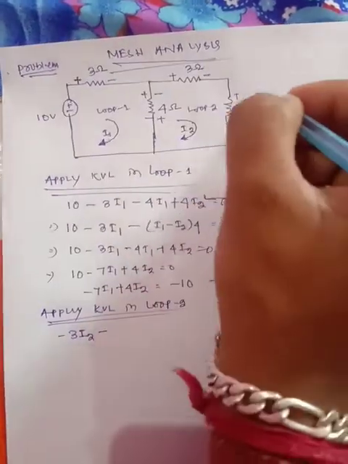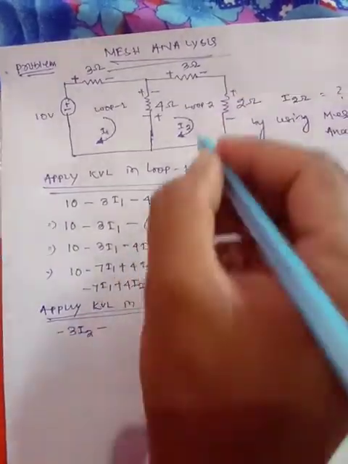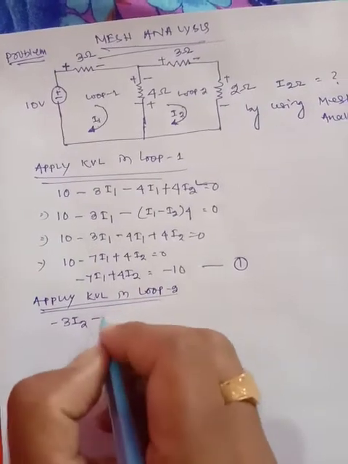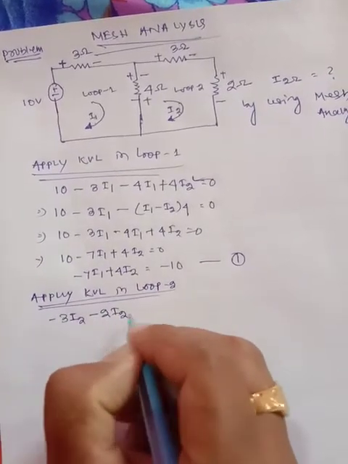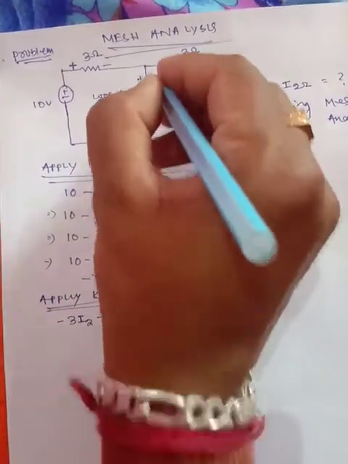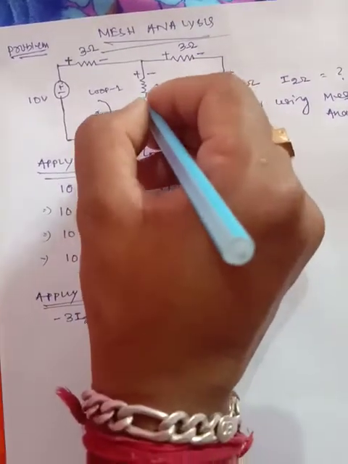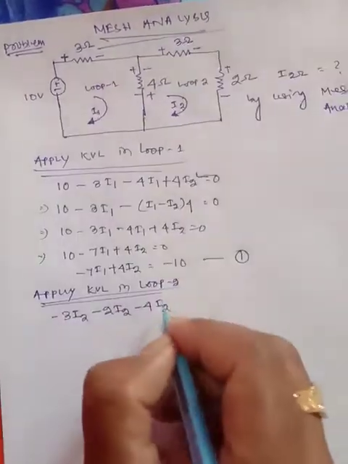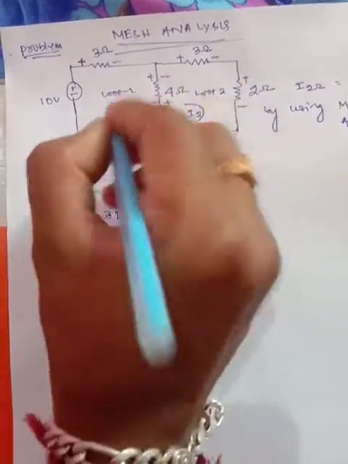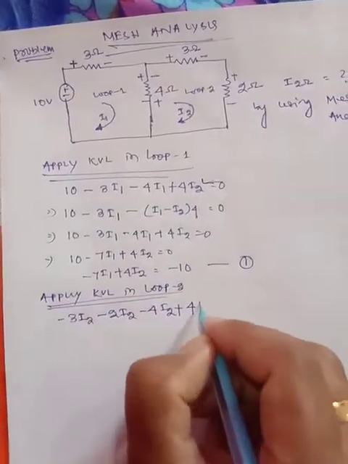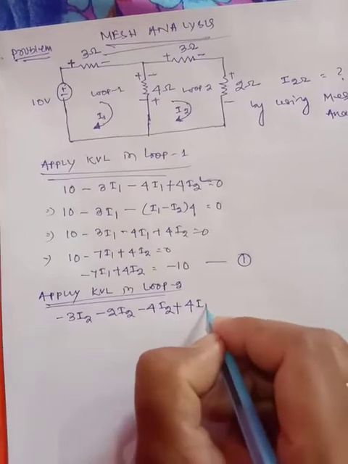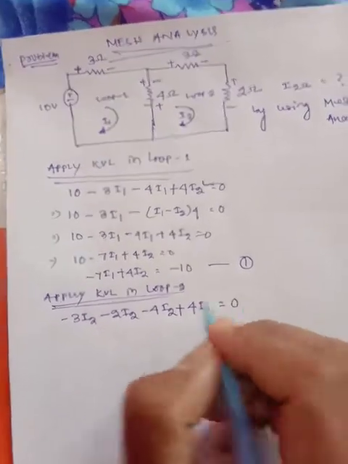Minus, positive to negative, minus 2I2, minus 4I2, then minus to plus, again I1 current, plus 4I1 equals 0.